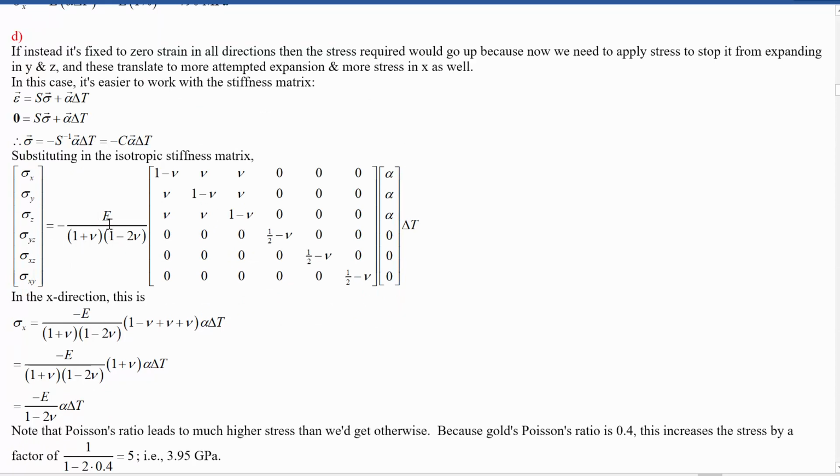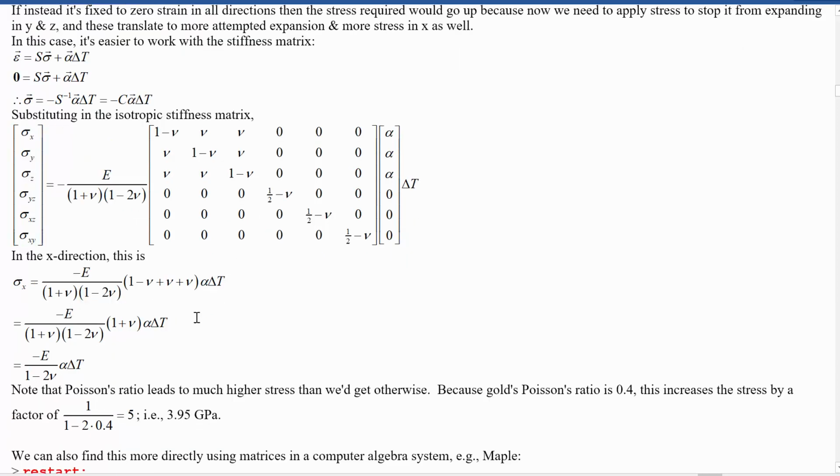This thing in the front is going to stick around, and then we've got this component, 1 minus nu, times alpha plus nu times alpha plus nu times alpha, and then all multiplied by delta t. That's going to be the sigma x term. Okay, so after a little bit of algebra, we clean this up, and we have that this 1 plus nu cancels with the 1 from the denominator, and we're left with negative E over 1 minus 2 nu alpha delta t.